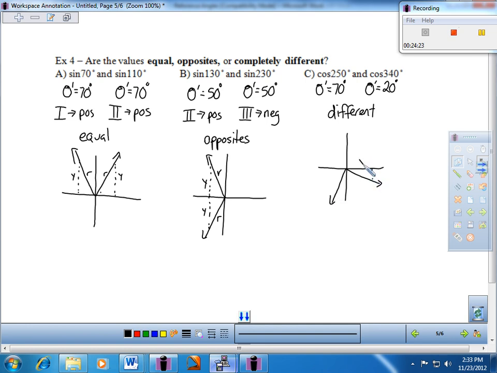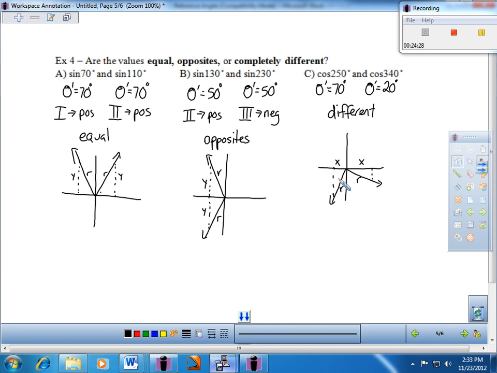Look at the x to r here, and look at the x in relation to the r here. You can see this x to r is just bigger numerically than this x to r. Here's a smaller horizontal to the radius, here's a bigger horizontal to the radius. So I would bet numerically 340's cosine value is bigger than this one.